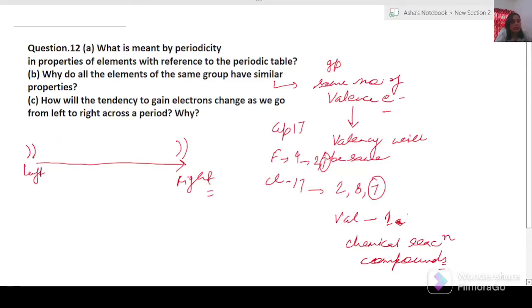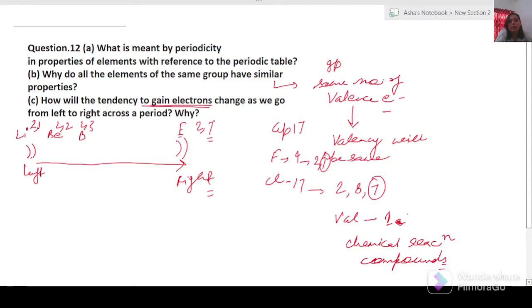For example, here is lithium, then beryllium, then boron, and so on, and in the last you will have fluorine. So it will be 2, 1, then 2, 2, then 2, 3, and here it will be 2, 7.